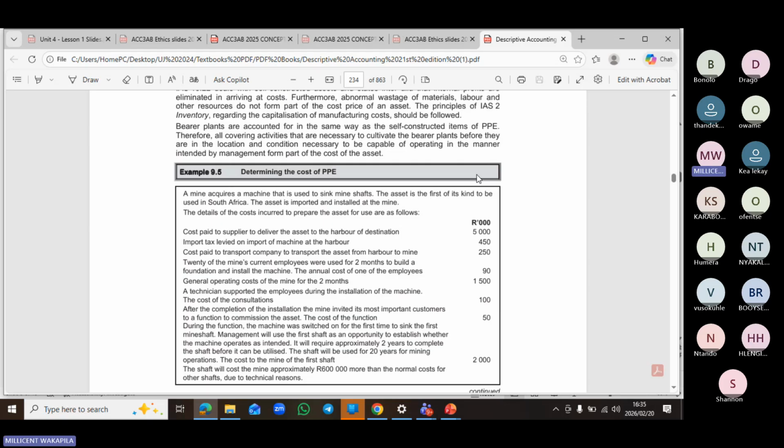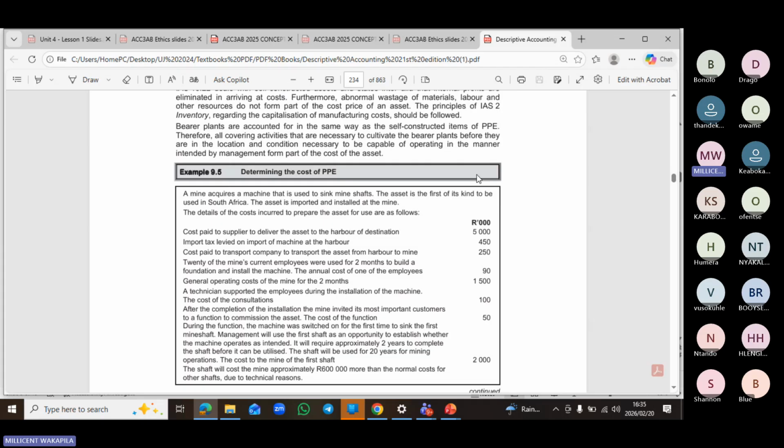The cost that we had. So a mine acquired in Africa. The following details of the cost include the cost to deliver the assets to the harbor of destination.